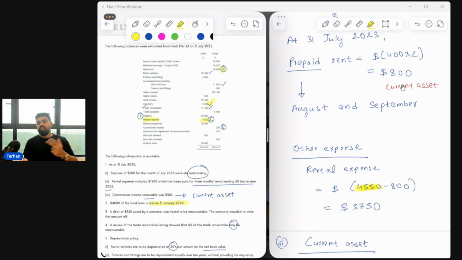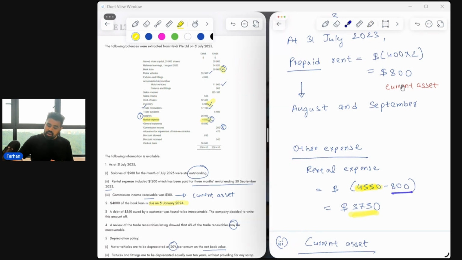But we do understand the 2 months have been paid in advance, which we are deducting from this total amount, and therefore the actual rental expense amount that we have incurred for the financial year ending 31 July 2023, which are the 12 months that we're mainly looking into, is $3,750.